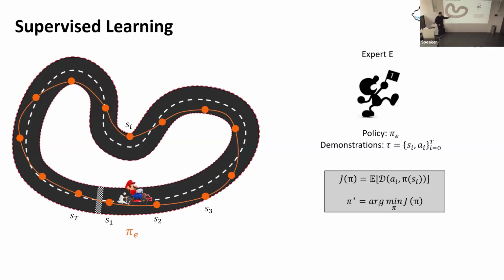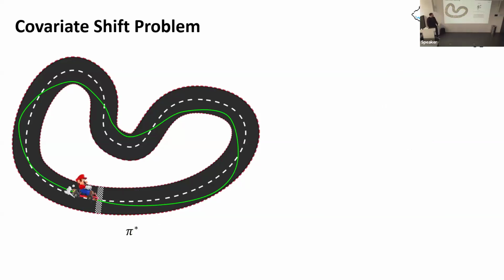Supervised learning would be that we find a policy that minimizes the error between the demonstration he gave us and our policy. So if everything goes well, our policy now is as good as the policy from the expert. So everything is solved, right? Like we can just drive through the track perfectly.